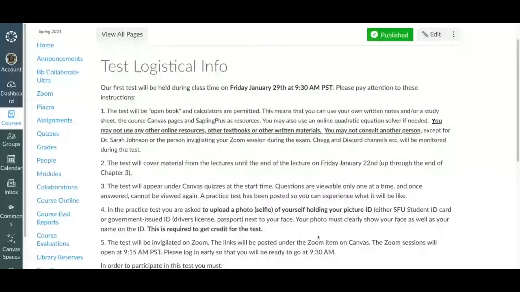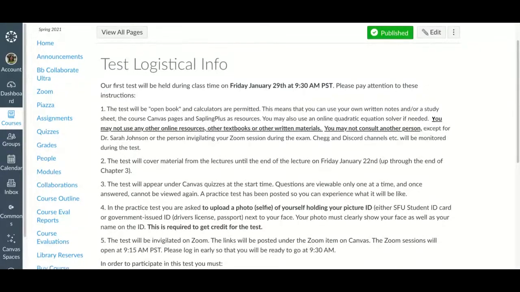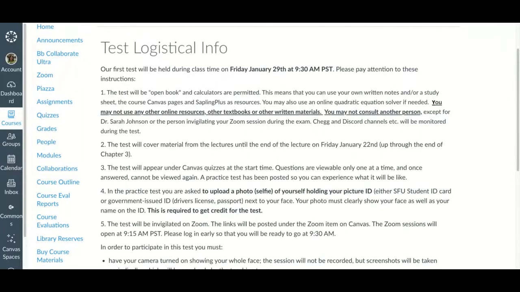that there's a whole bunch of logistical information about the test that I posted in Canvas. And it's really important that you go and read all of this and make sure you understand all of it. And if you have any questions about it, if you have a general question, you can put it in Piazza.